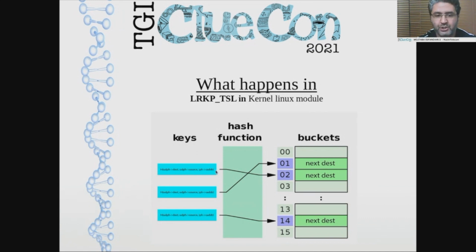We create a hash code and the index of the buckets. We save the address of the next destination. You could see here the hash of the triple data goes to the buckets, and we can find the next destination. For this reason, we could use the multiple-use port in this situation.